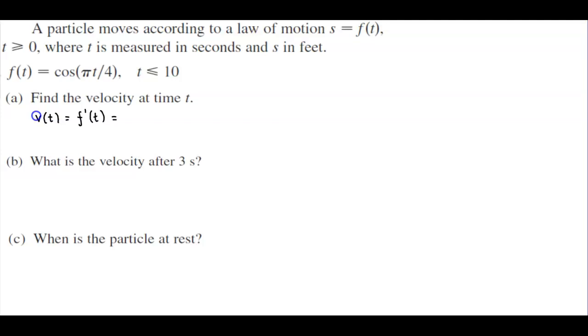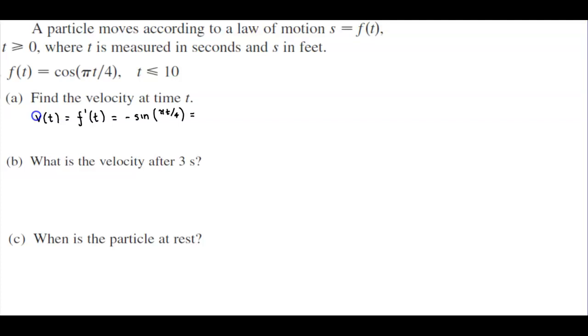And so the derivative of that function is going to be, well, the derivative of cosine is going to be negative sine of pi t over 4. And then what is the derivative of the inside function?